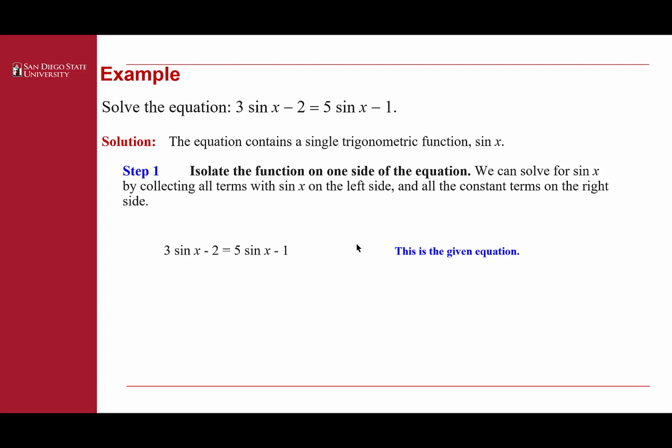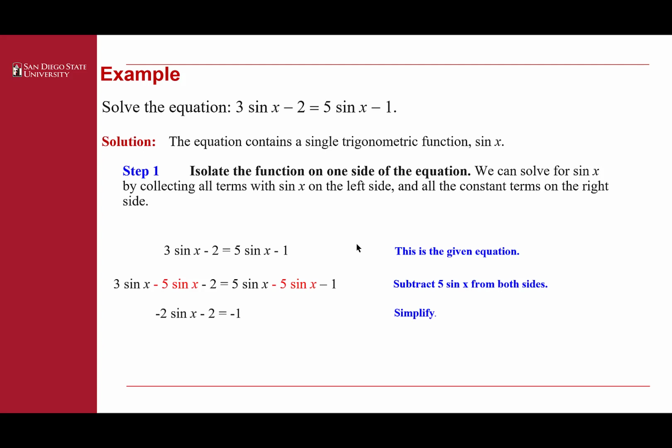If we collect sinus functions on one side, let's choose the left side, but it could also be the right side. We should subtract 5 times sinus x from both sides.